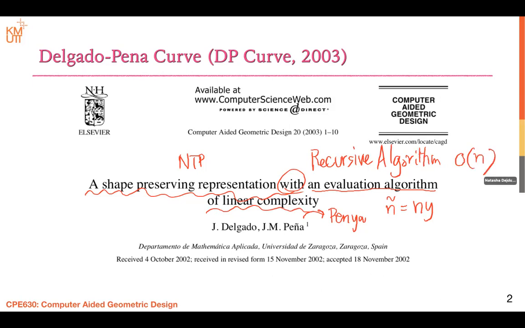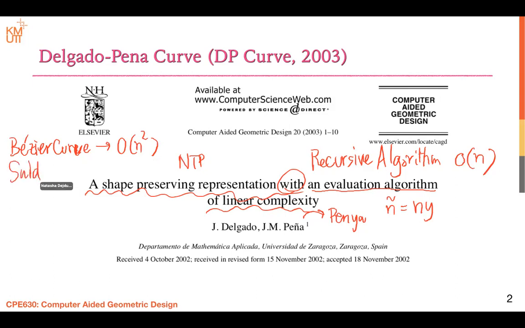This is very interesting, because if you remember for the Bezier curve, if you want to calculate the point on the Bezier curve, you need to use n square complexity.